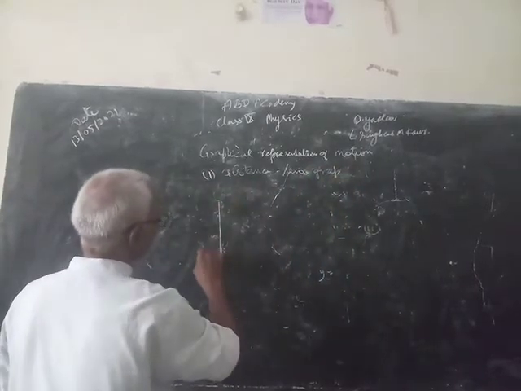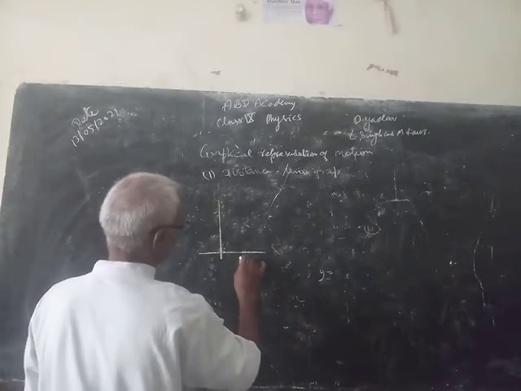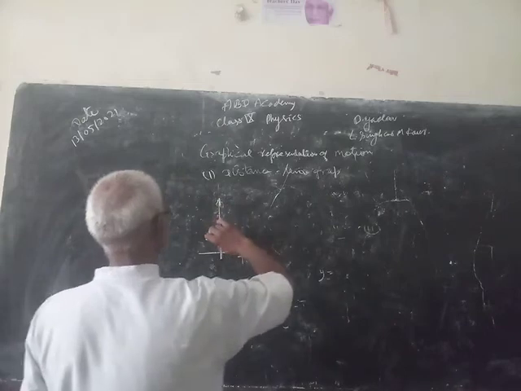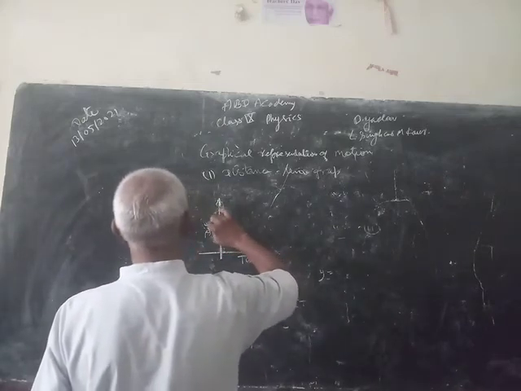The distance and time graph is of two types. Here, time is on the x-axis and distance is on the y-axis.